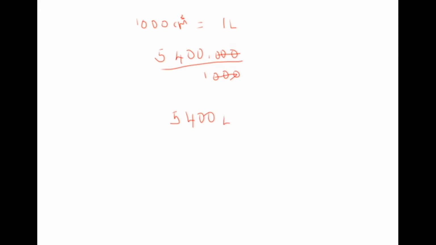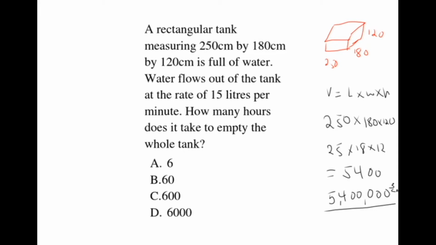Then the question tells us now that water flows out of the tank at the rate of 15 liters per minute. Therefore, divide this 5,400 by 15, because at the end you ask how many hours does it take to empty the whole tank.